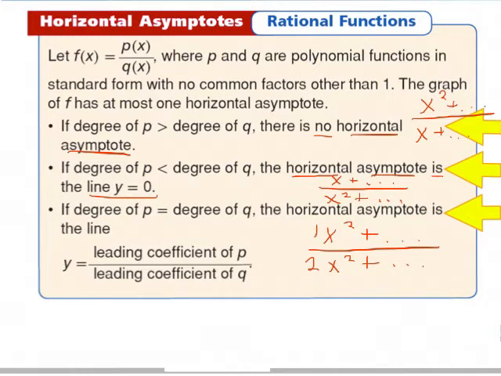Notice the degrees are the same. See, x squared, x squared. So what's going to happen is my asymptote will be the ratio of the coefficients. So in this case, I can see that my horizontal asymptote is going to be 1 over 2. So in this case, my horizontal asymptote is y equals 1/2.